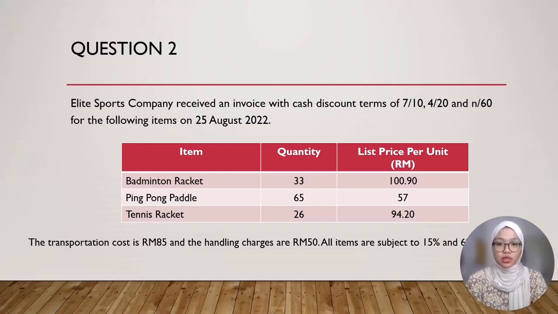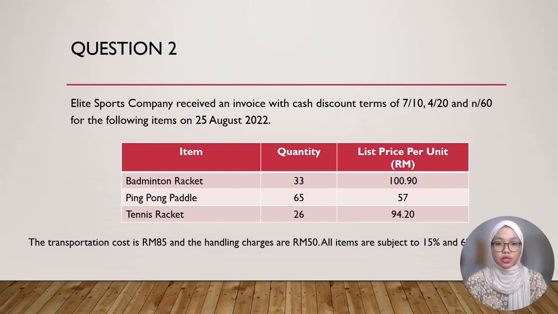The second item is ping pong paddle with 65 quantity and the list price per unit is 57 ringgit. And the last item is tennis racket with 26 quantity and the list price per unit is RM 94 ringgit and 20 cents. The transportation cost is RM 85 and the handling charges are RM 50.